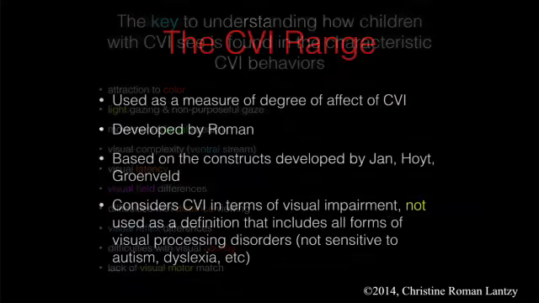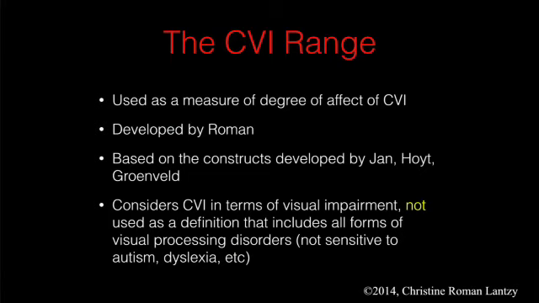The CVI range, the other principle upon which this presentation is based, is used as a measure of the degree of effect of CVI. It was developed by me, but based on the constructs of people like Drs. Jim Jan, Craig Hoyt, Marika Groenveld. It considers CVI in terms of visual impairment and is not used as a definition that includes all forms of visual processing disorders.